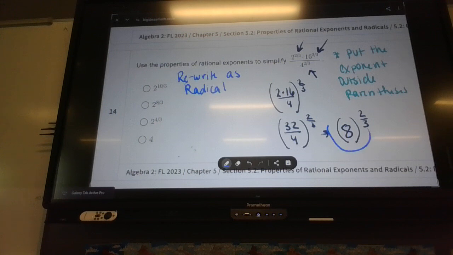You bring your 3 down and around, and it becomes the cube root of 8 squared. Do you all know the cube root of 8? What is it? 2. So this is 2 squared, which is 4.